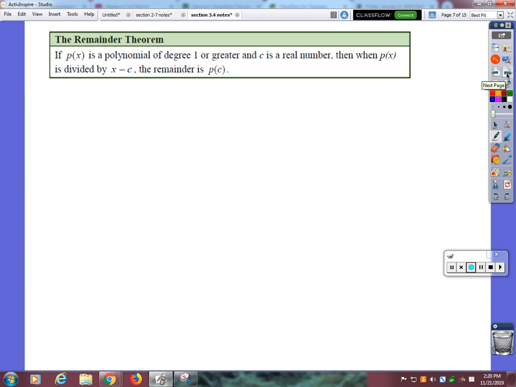What this mumbo jumbo says is P of C is the same as the remainder when you divide the original polynomial by x minus c. So if you divide the polynomial by x minus c, the remainder is the same as what you get if you just plug the number in.